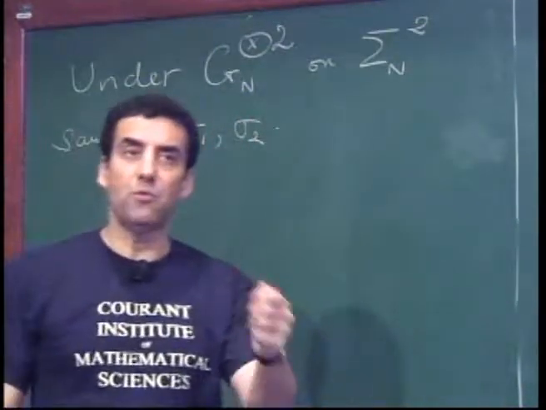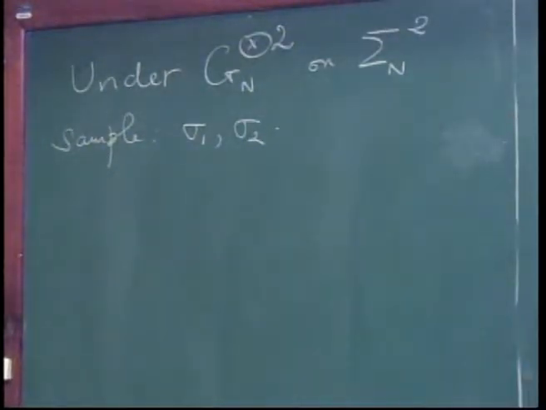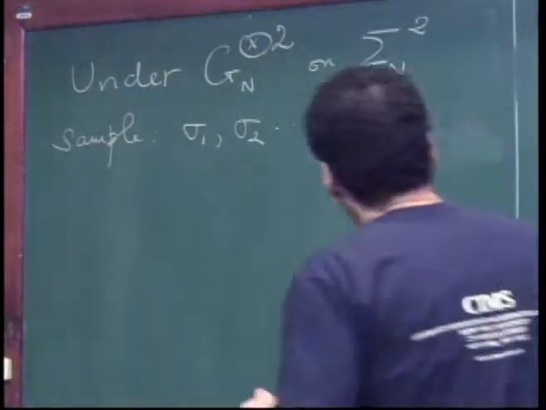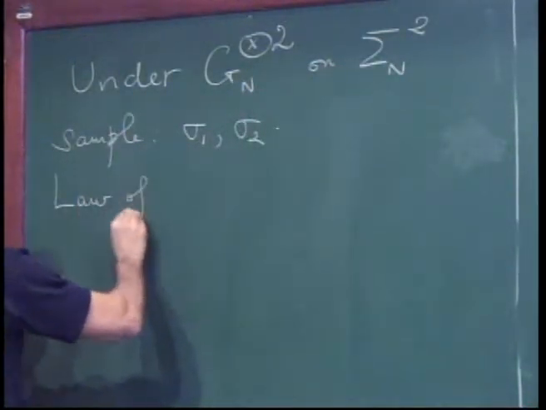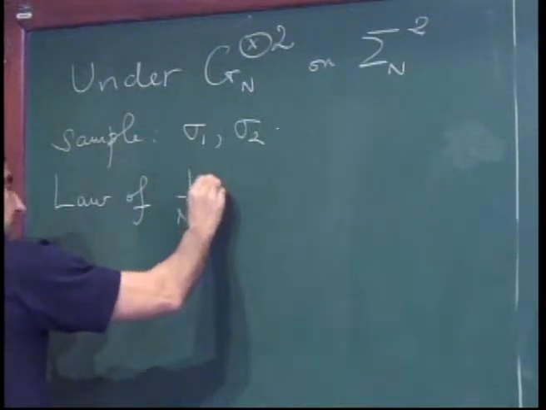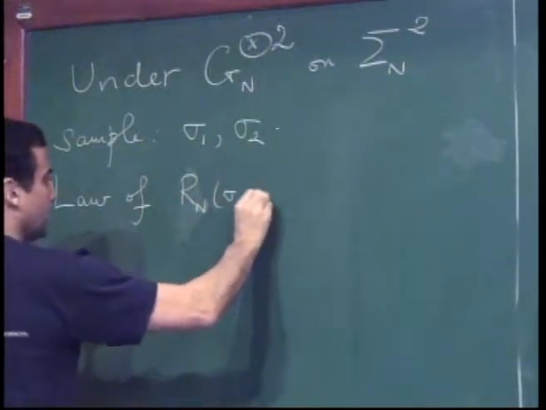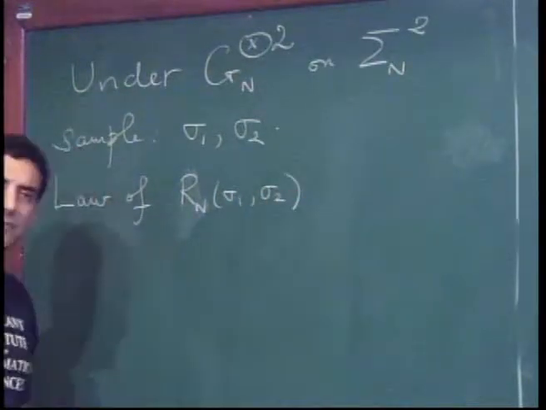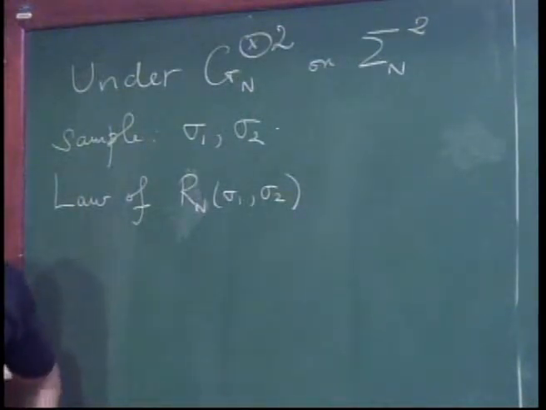Okay, so you pick one point under the Gibbs measure and another point under the Gibbs measure completely independently. Right? And now you look at the law of their overlap, what I call R_n of sigma 1, sigma 2. If you want, it's also linked to the law of their distance. Here you're looking at the law of their inner product.